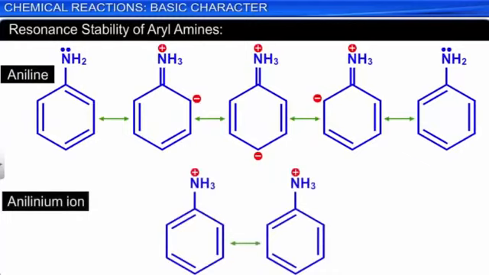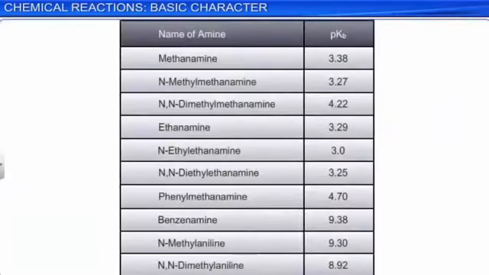You know that the greater the number of resonance structures, the greater is the stability. Thus, aniline is more stable than the anilinium ion. Hence, the proton acceptability or basic nature of aniline or other aromatic amines would be less than ammonia.